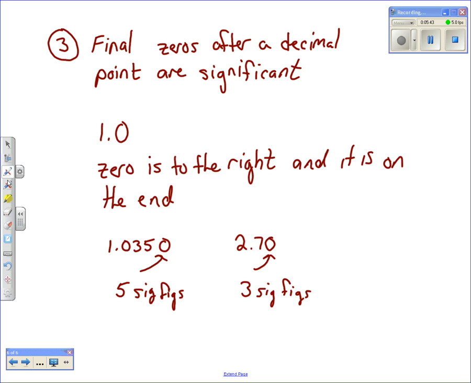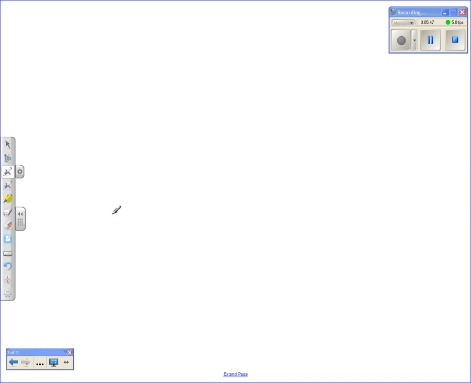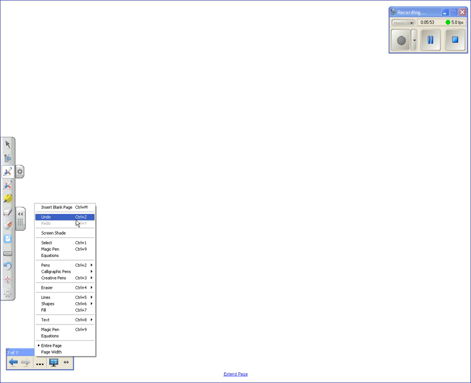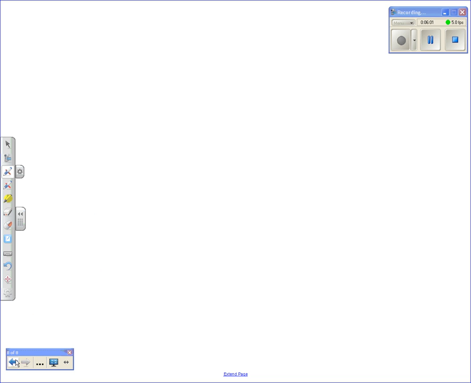The fourth rule governs what is not significant. Okay, so what is not significant? An example of this would be, and we're going to need a new page. Let's see here real quick. An example of what is not significant are place-holding zeros or spacing zeros.